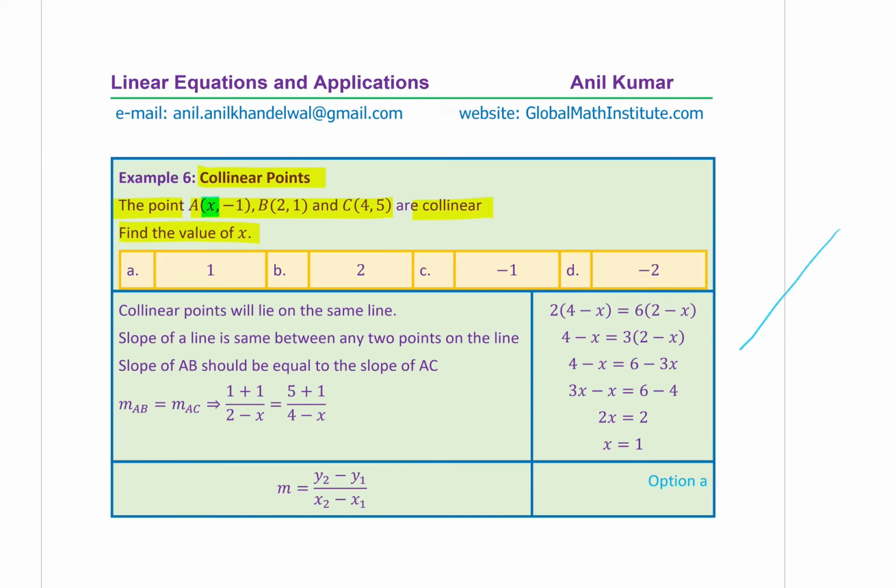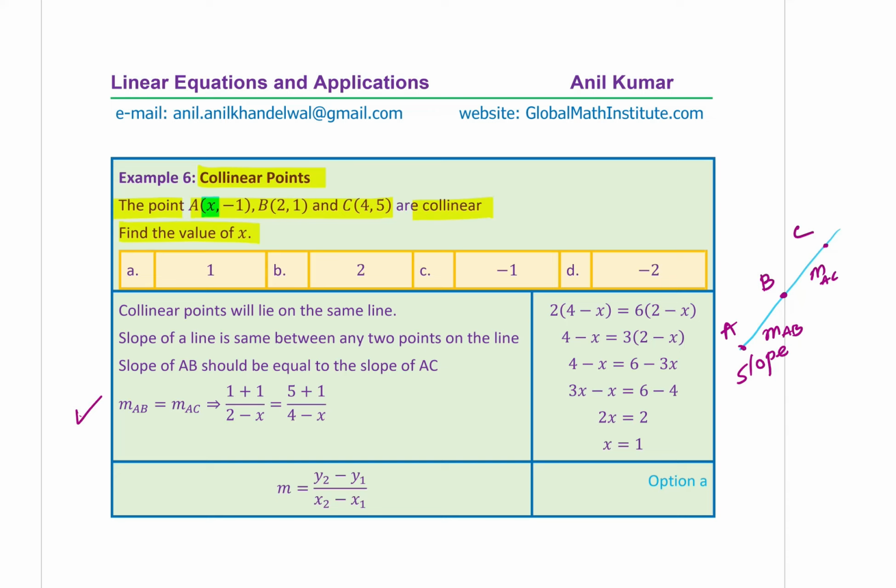So basically, we are given that they are on the same line. So if they are on the same line, in that case, it is very clear that the slope will be same, correct? So m is same for both, right? That is what we are saying, slope is same. So slope between A and B should be equal to slope between A and C. So we'll find the slope between A and B, and we'll find slope between A and C, and we can equate them and get the value of x.